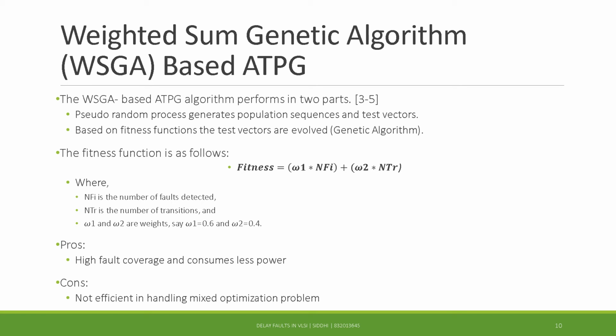Fitness is equal to W1 into NFI plus W2 into NTR, where NFI is the number of faults detected, NTR is the number of transitions, and W1 and W2 are weights. The upside of this methodology is high fault coverage and it consumes less power. On the downside, it is not efficient in handling mixed optimization problem.